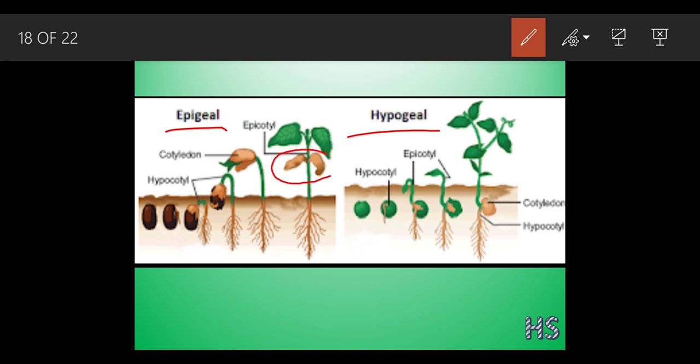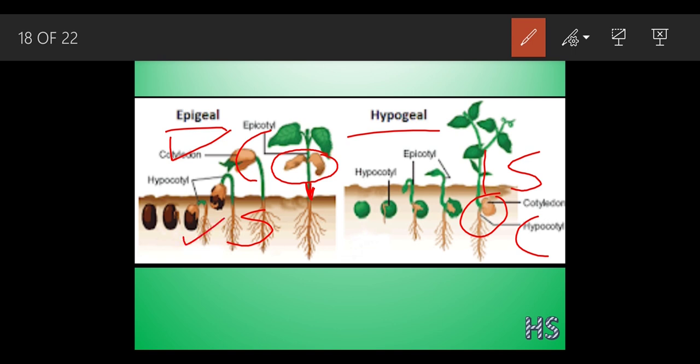Here. So I am going to write C. And the shoot starts from here. And here the cotyledon is below the surface. And where is the shoot? Exactly above this part. So what we can see here is that the cotyledon is above the shoot system.